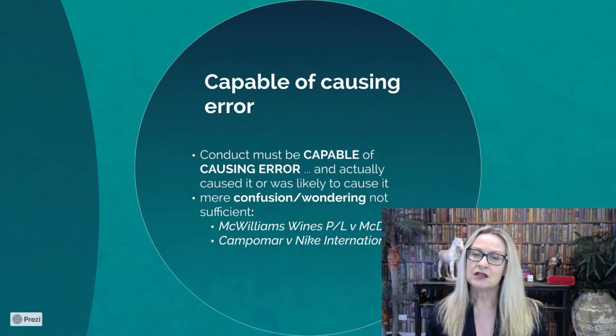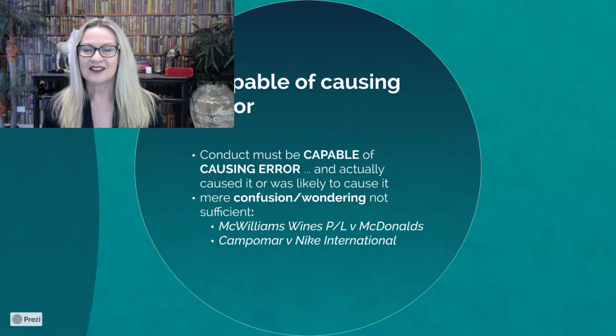So in the Williams Wines case, I love this case, near and dear to my heart. I've been involved in litigation with McDonald's, might I say, successfully. So it was another instance of McDonald's going down.